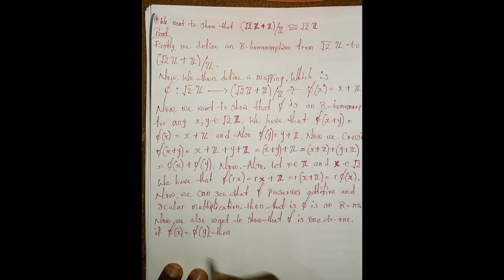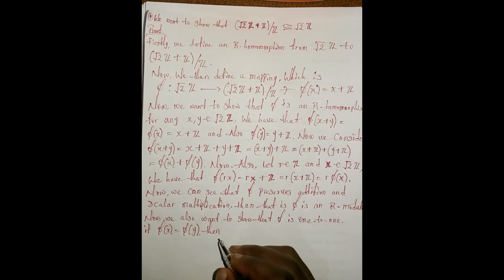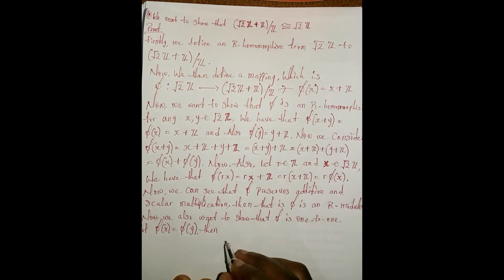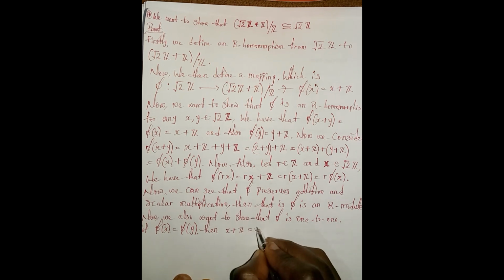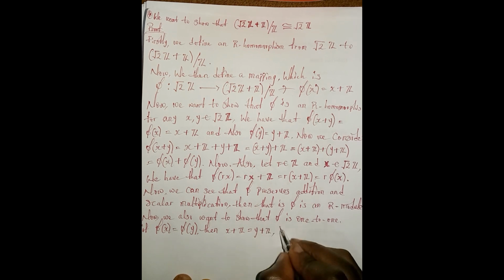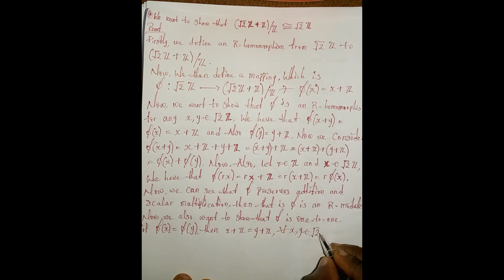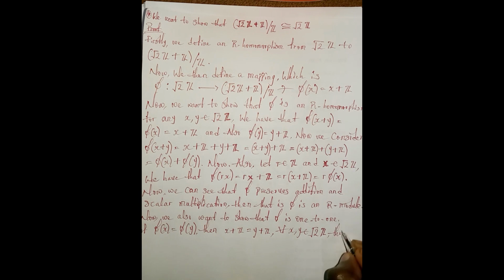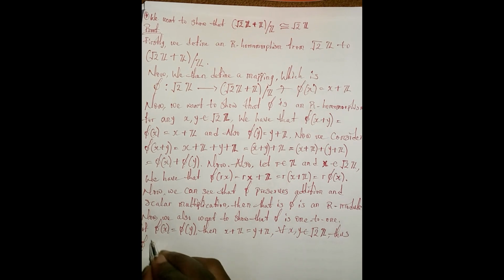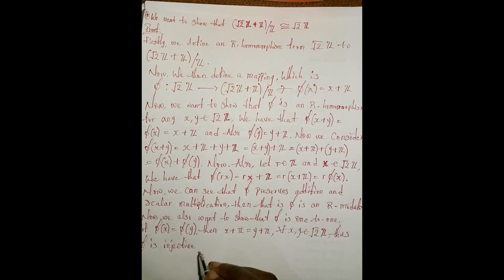This is an assumption: if phi of x is equal to phi of y, then we can say that x plus script z is equal to y plus script z for all x, y contained in the root of 2 script z, where remember z is the set of all integers. Thus phi is injective, which also means that phi is 1-to-1.